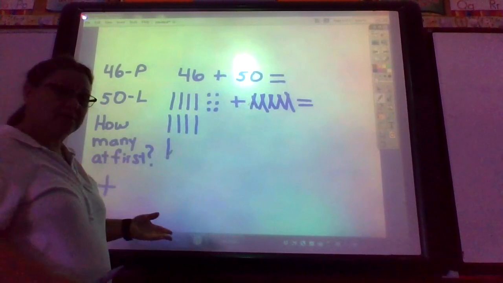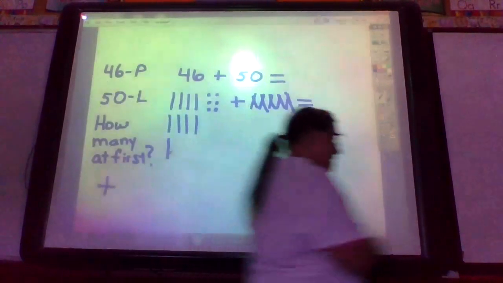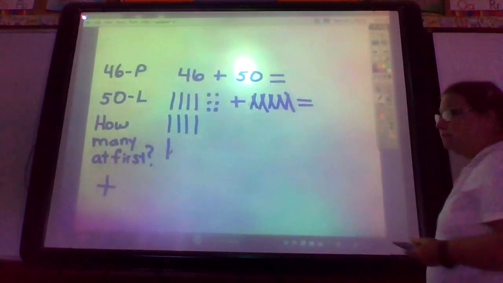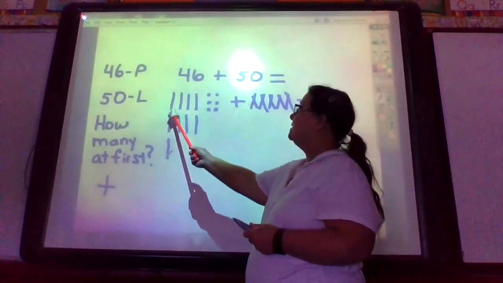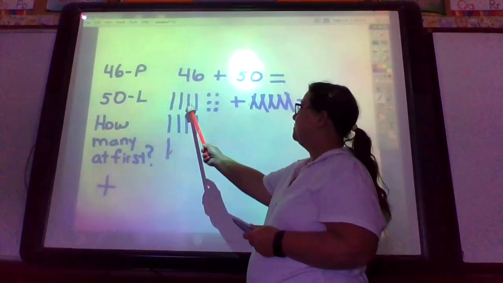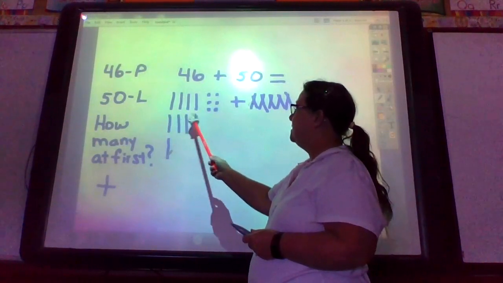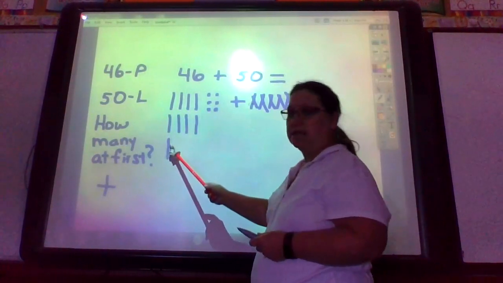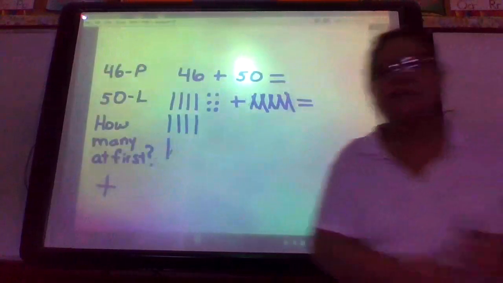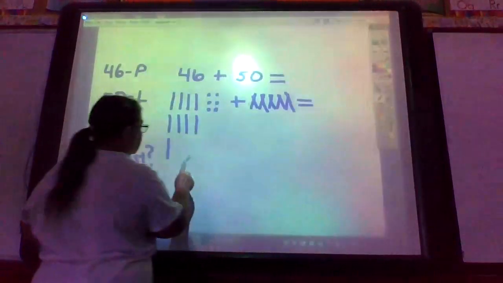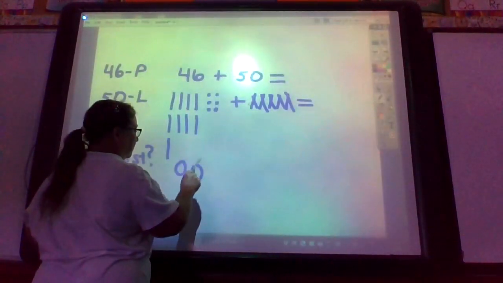Now let's count by tens to see what our tens number is. Here we go. 10, 20, 30, 40, 50, 60, 70, 80, 90. We have a 90 in our tens number.